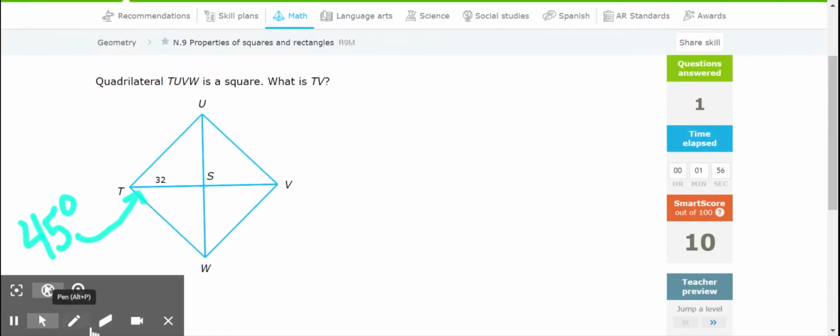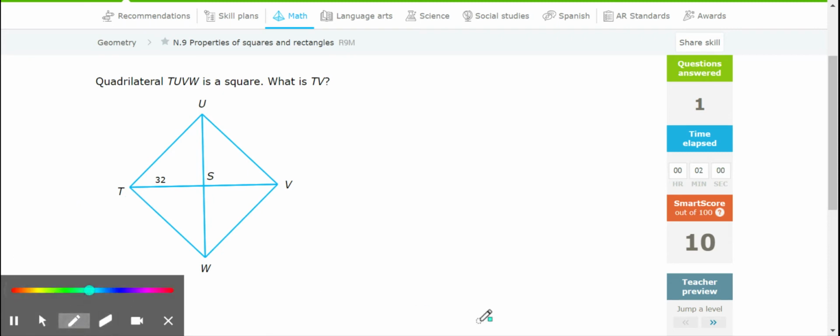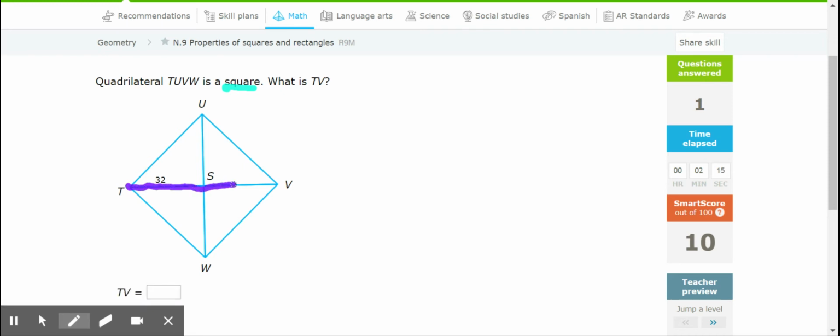Okay, so let's look at this problem. It says it's a square, right? So I need to keep in mind the rules of a square, and it wants to know the measure of TV. So TV is going to go from here all the way across. I know that the diagonals bisect each other. So these diagonals cut each other in half.